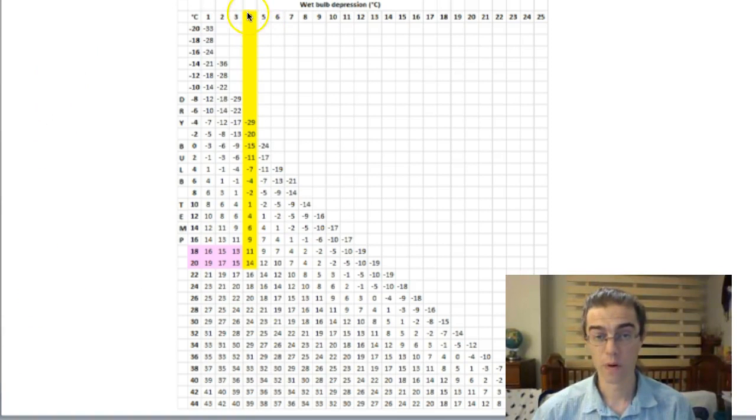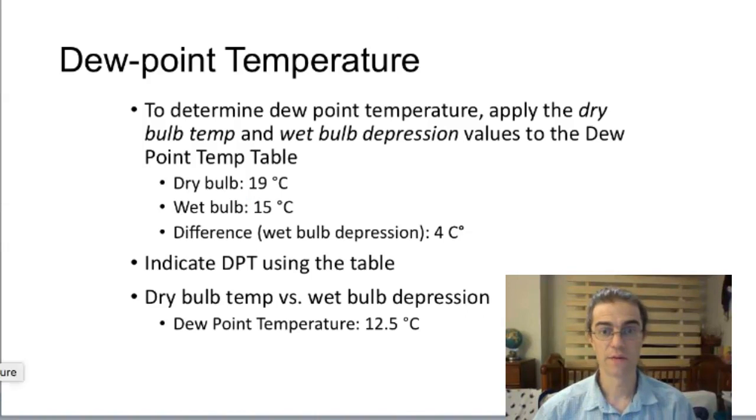So wet bulb depression of 4 again, and our dry bulb temperature was 19 degrees. So 11 and 14. But we want to be at 19, so split the difference there, so 12 and a half.